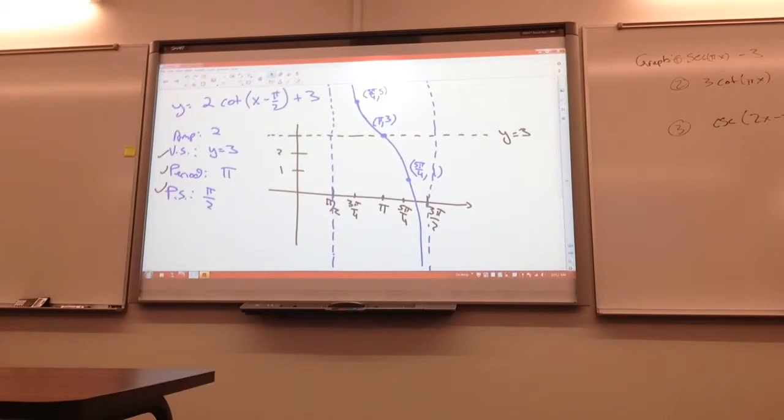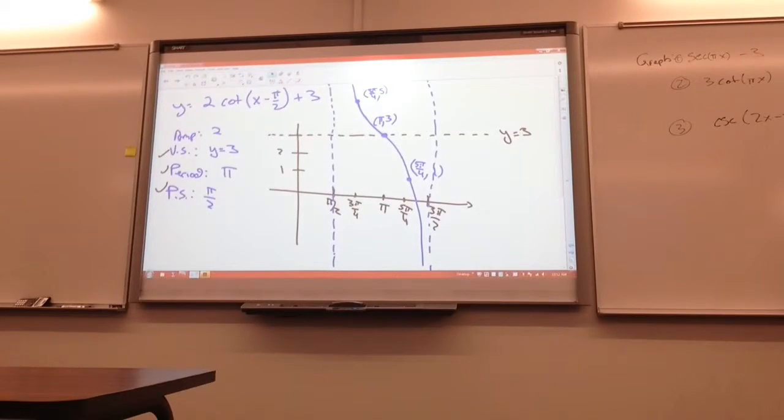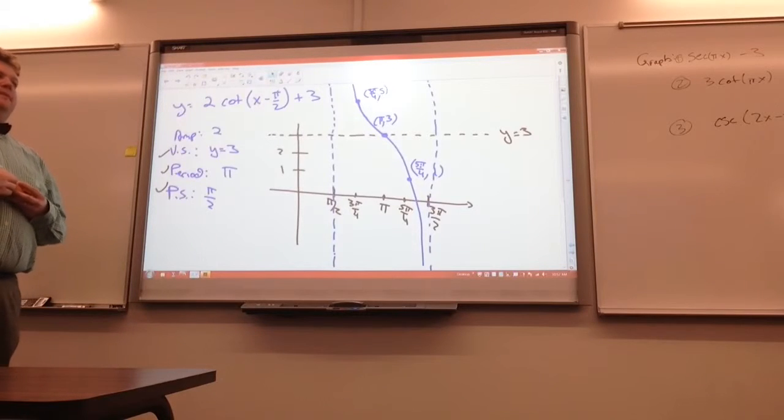Shouldn't the vertical shift be 3? For number 2? Nope, there is no vertical shift. There is none for the third one either. How do I find the period? For secant, the period is 2 pi over b. So what's b? What's in front of that x?